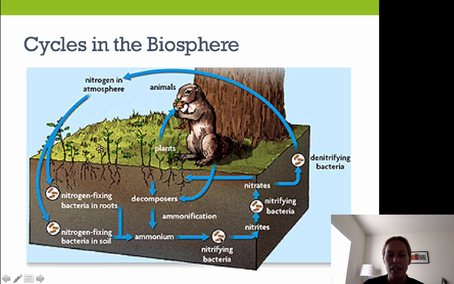This ammonium then takes the nitrifying bacteria, converts into nitrates, and it can be used by plants, which then in turn get used by animals because animals ultimately eat plants and it gets cycled as part of the food chains and food webs of an ecosystem. When animals and organisms die, decomposers break those down into ammonium, and we just complete that cycle that way.